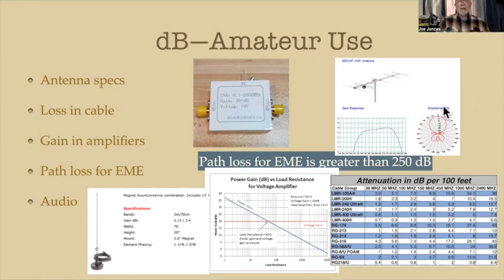Okay. Well, except that the specs that they give you, actually, can you see my arrow here? Let's go down here. See this gain dB? Yeah. That is probably dBi, which means the gain over an isotropic antenna, which, as I said, is a pretend antenna.